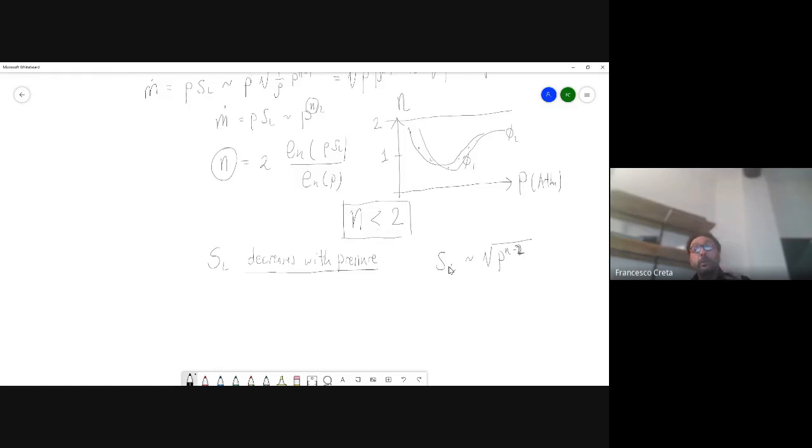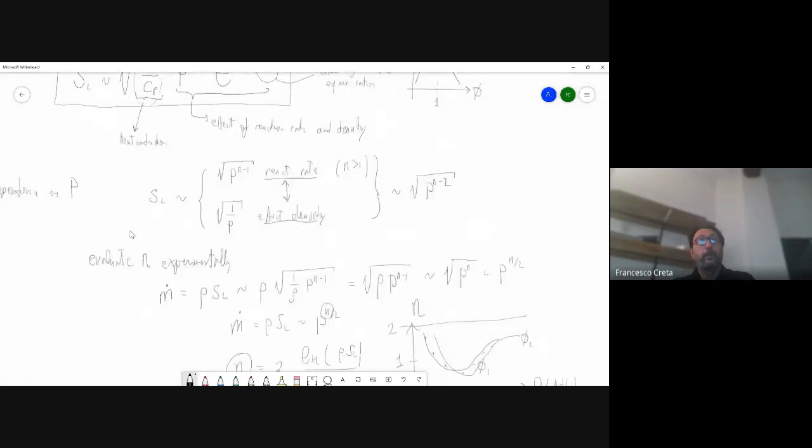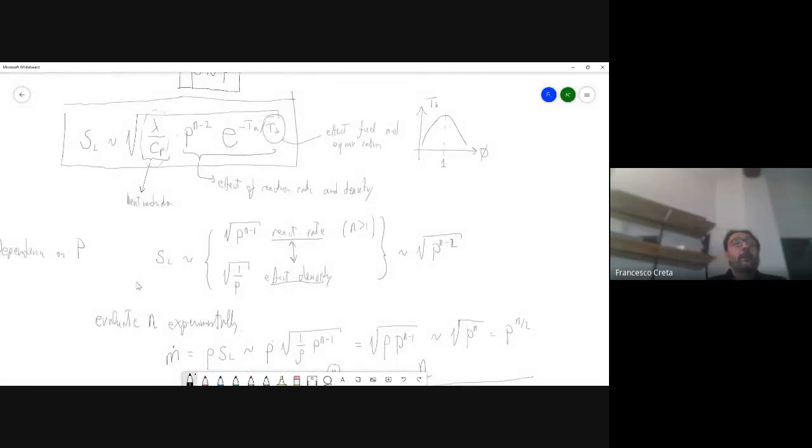Does it depend on pressure in any other, non-direct way? Well, if we look at this expression, the direct way was essentially the density at the denominator, which went up here.